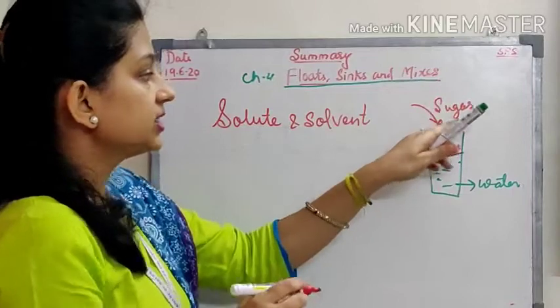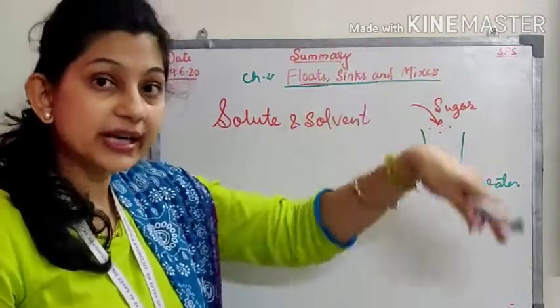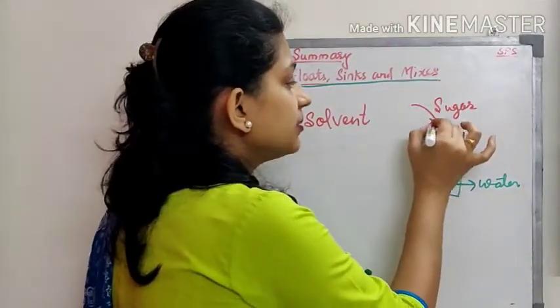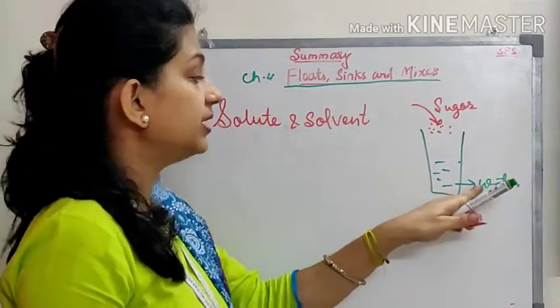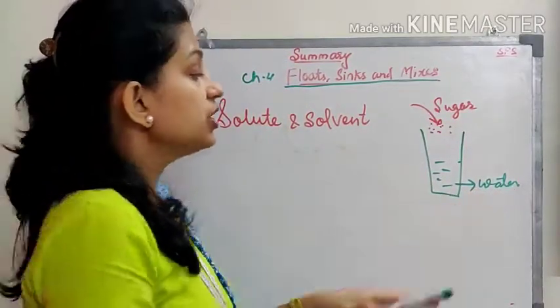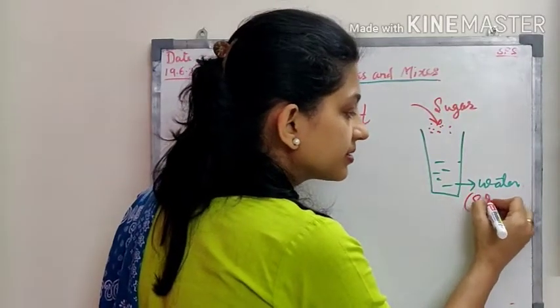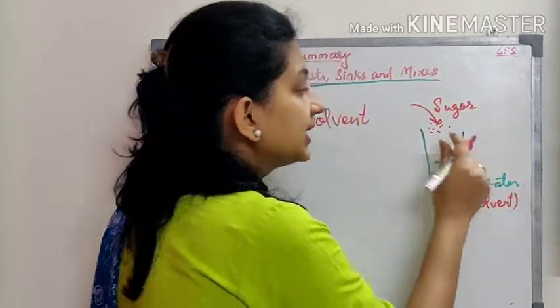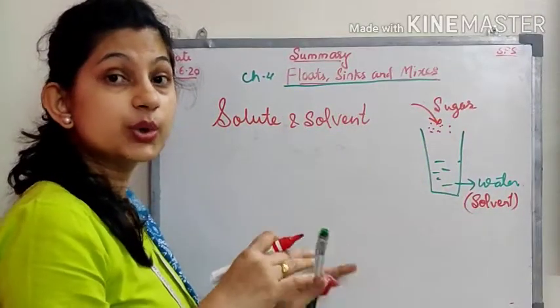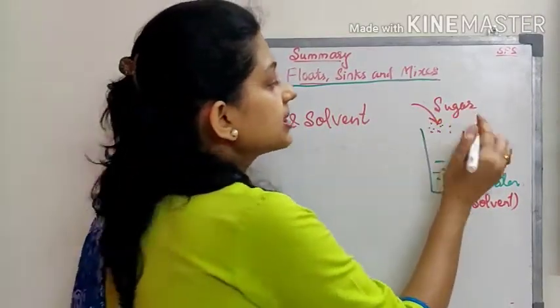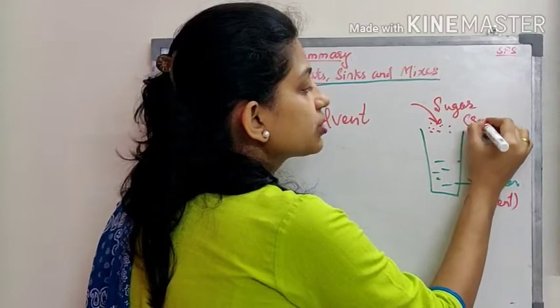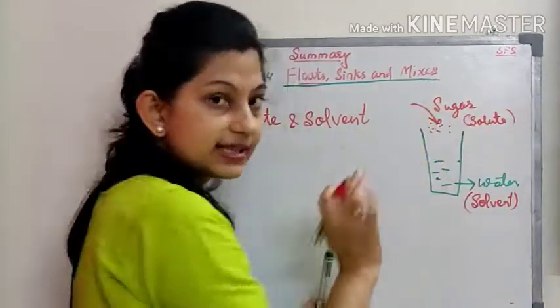In the beginning, this sugar is going to get dissolved in this water. The medium which dissolves sugar is called solvent, and the substance which gets dissolved is solute.